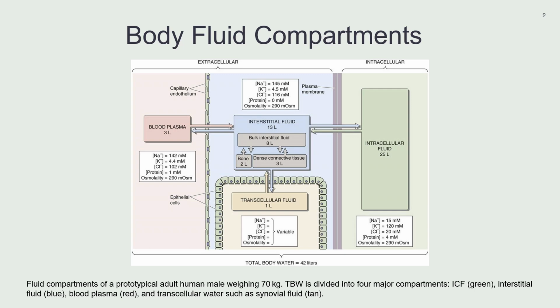And what separates the blood plasma from the rest of the extracellular fluids, the interstitial space, that is the capillary wall, the capillary endothelium. Cells that sometimes are very, very tightly joined together.